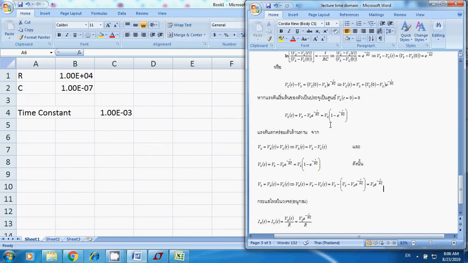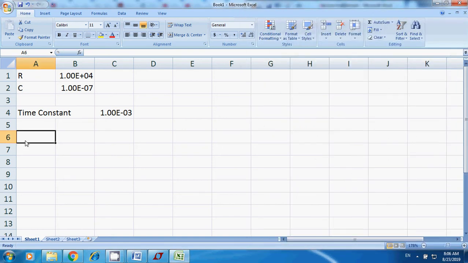When you talk about the time constant, that means the exponent is negative 1, so put in exp negative 1. That means it dropped to 0.37 times your maximum voltage.